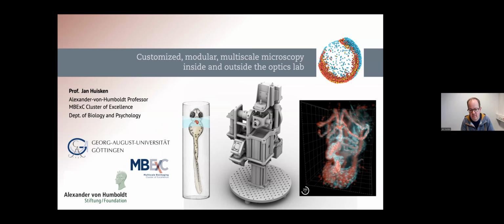So I should maybe briefly mention that I'm a physicist by training who runs a multidisciplinary lab here at the University of Göttingen for about a year now. I was before at the University of Wisconsin at the Morgridge Institute for Research, and recently moved to Göttingen.